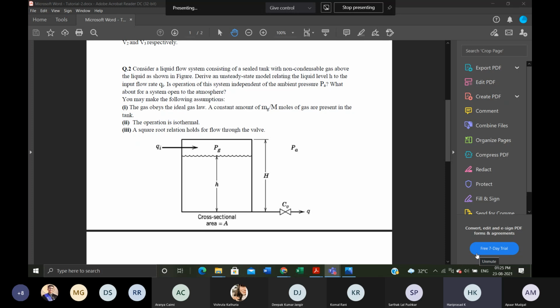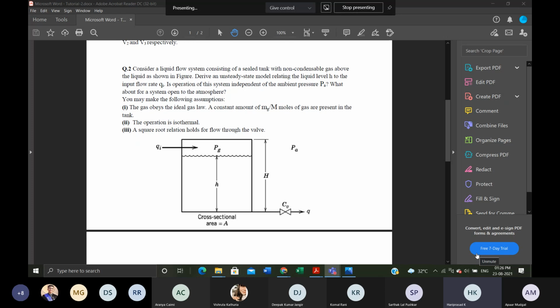But again, one difference here is, what is the driving force? The driving force in the previous question was a little bit easier, basically just the flow rate difference. But here you see it is a closed container. So there is some gas on the top that exerts pressure, and there is also the liquid that would exert pressure, and the jet is ejected to atmosphere.